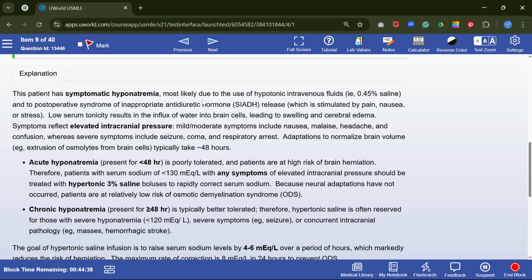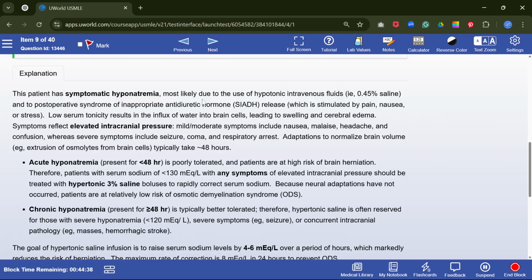Patients with serum sodium less than 130 with any symptoms of elevated ICP should be treated with hypertonic saline boluses to rapidly correct the sodium. Because neural adaptation has not occurred, patients are at relatively low risk of osmotic demyelination syndrome.